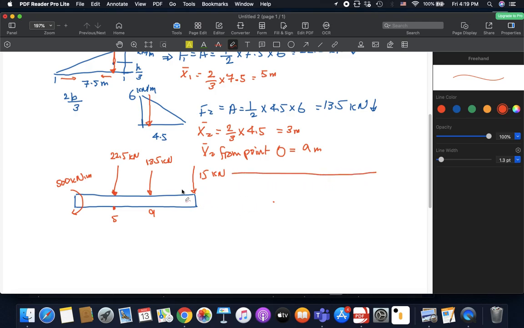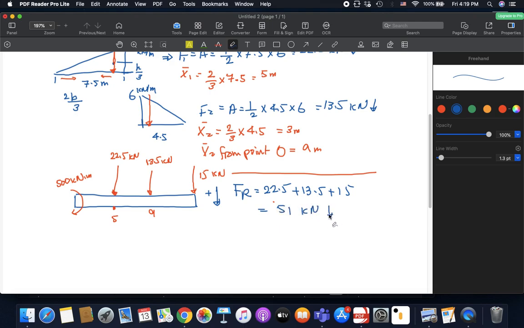So, again, we need to find the actual resultant force. Let's just use another color. So the actual resultant force now, assuming going down is positive, is 22.5 plus 13.5 plus 15. This is 51 kilonewtons downwards.